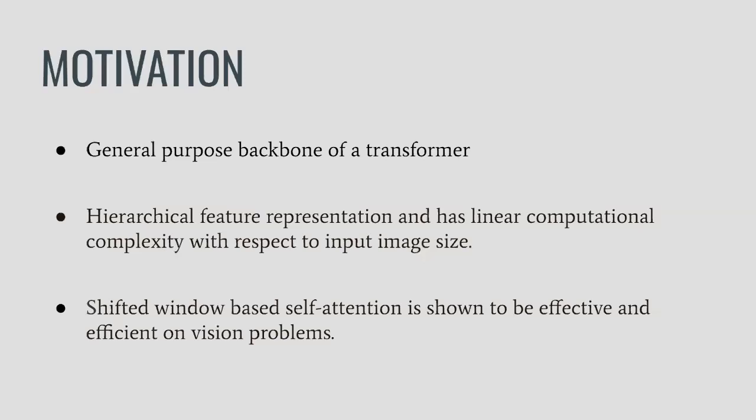There are words that have been used which are quite hard to understand now, but it gets better as we proceed. The hierarchical architecture has the flexibility to model at various scales, and it has a linear computational complexity with respect to image size.